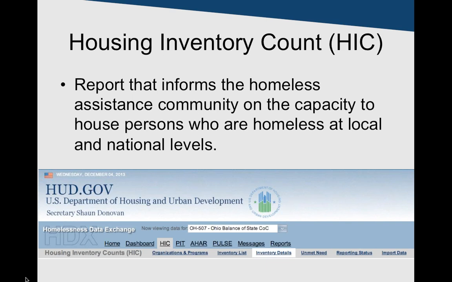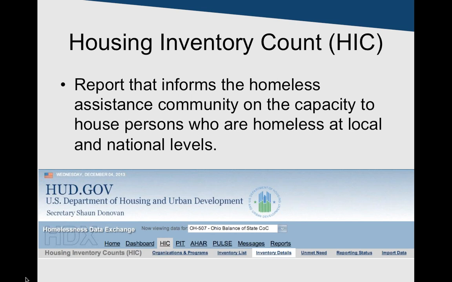So that actual PIT number, which gets submitted to HUD for the number of people that are homeless in our community. But as part of the housing inventory count, we are collecting the number of people that are in permanent supportive housing so that we can see that utilization of the beds and know how many people are being served by permanent supportive housing on that night of the count. So yes, we are taking that number and it's being utilized in the HIC, but not in the PIT.